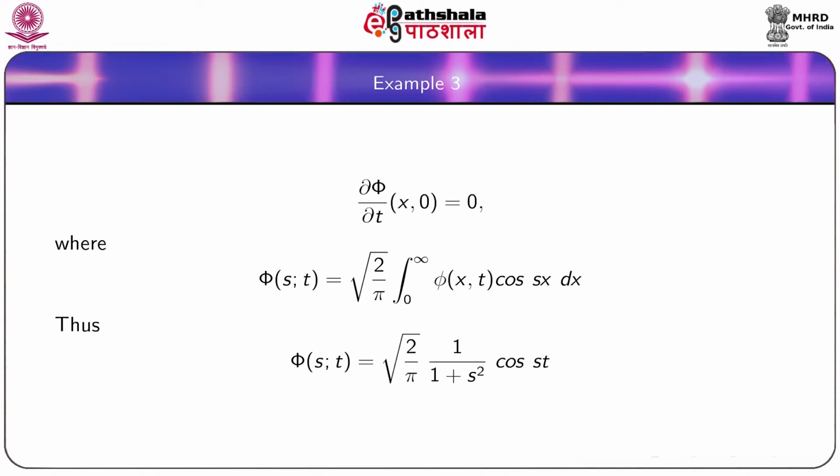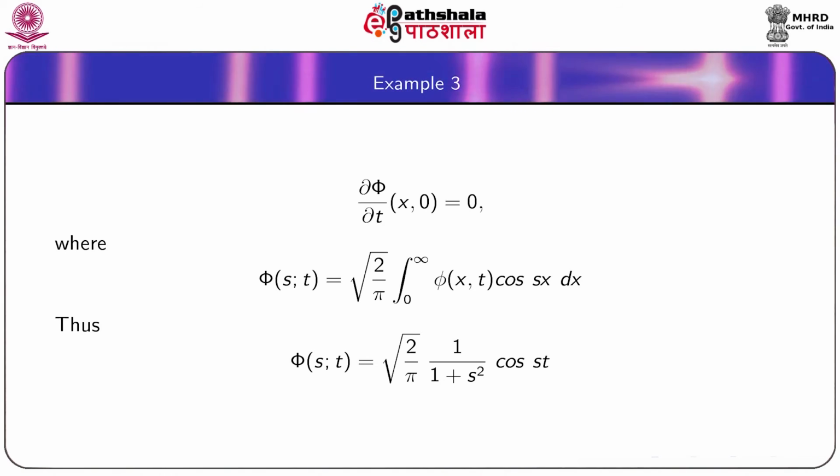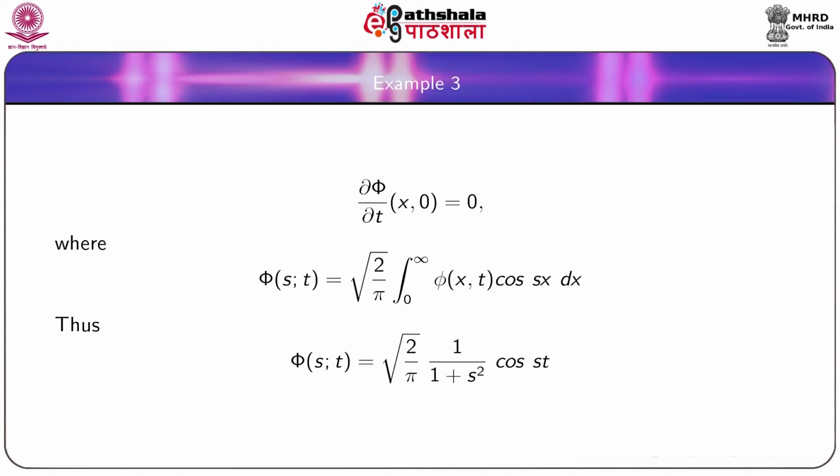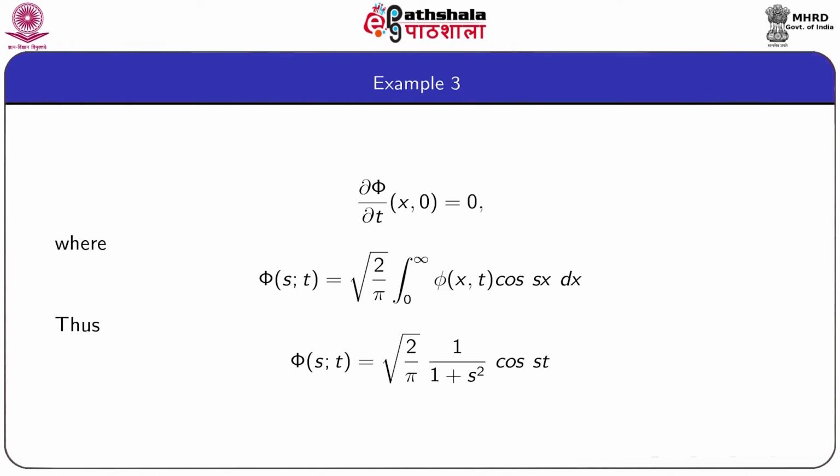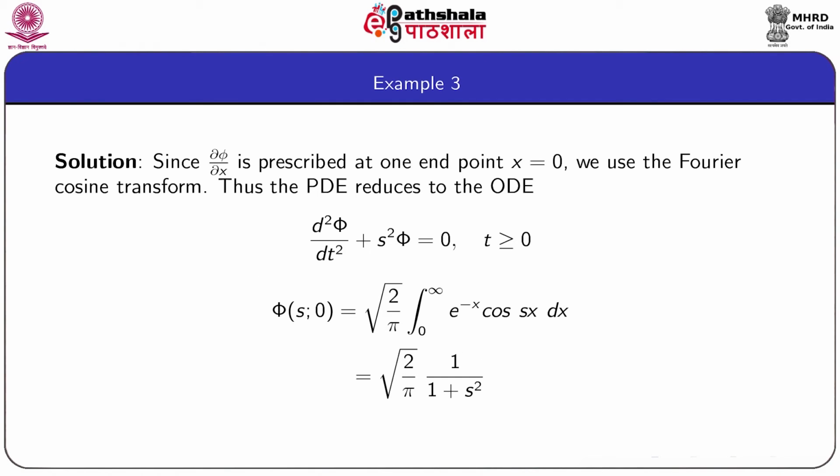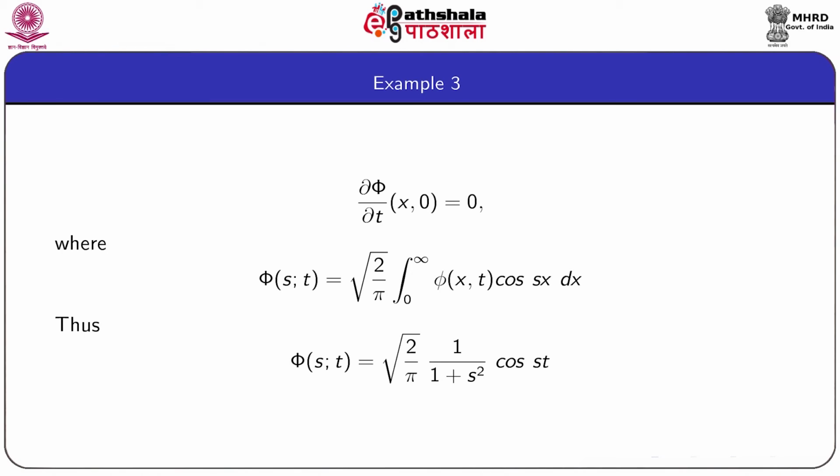Here we have stated capital Φ is the Fourier cosine transform of small φ, and now we solve this ordinary differential equation for capital Φ to obtain Φ(s,t) equal to root over 2 by pi times 1 by (1 + s²) cos st.